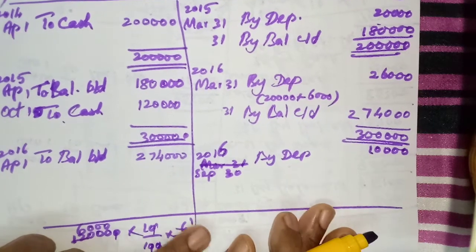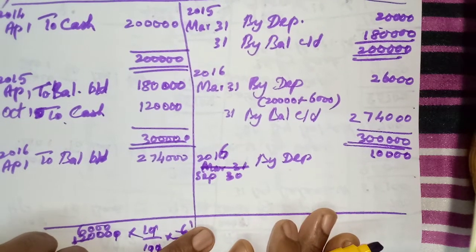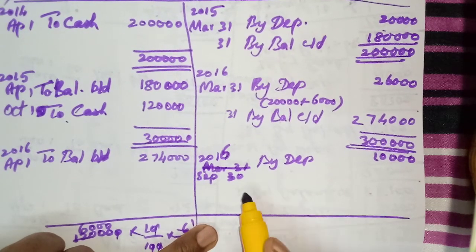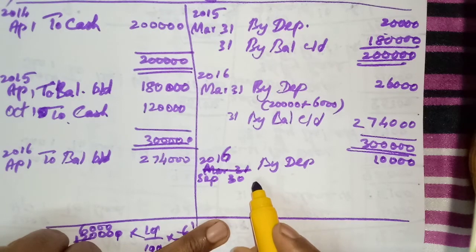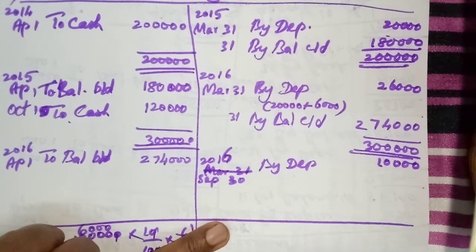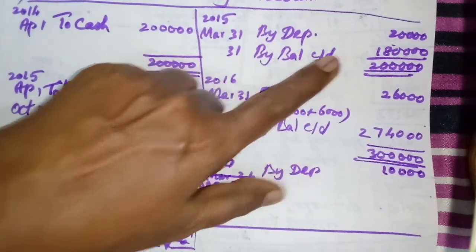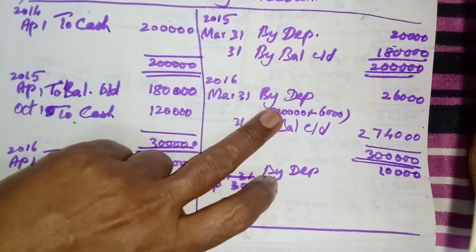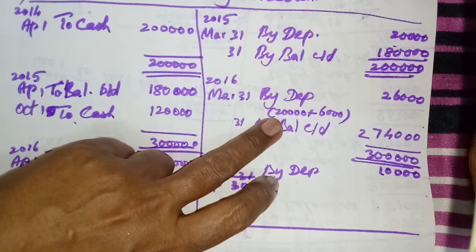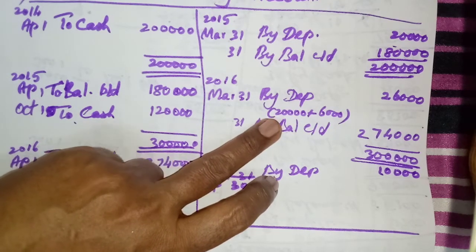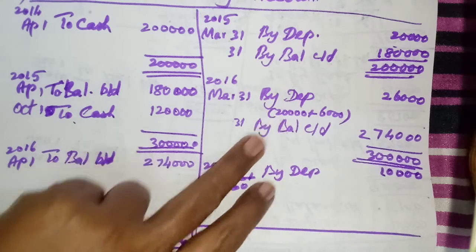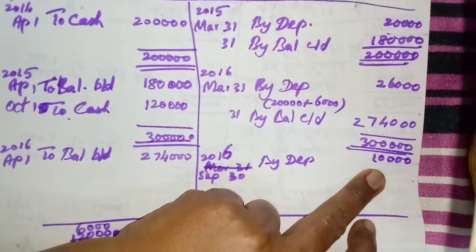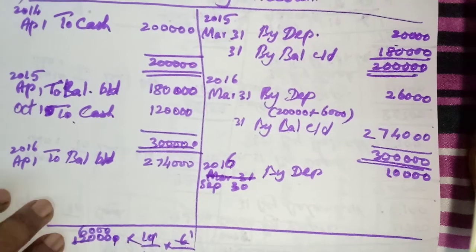Now we need to calculate the profit or loss on the first machine, isn't it? First machine, you see balance 1,80,000. Then in the second year 20,000. So how much will we get at second year end? 1,80,000 minus 20,000 is 1,60,000. Again from 1,60,000 we deduct 10,000, so 1,50,000.